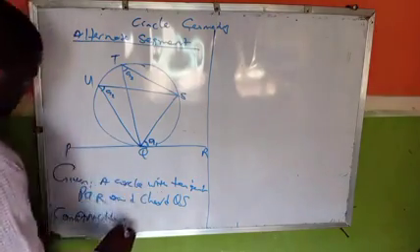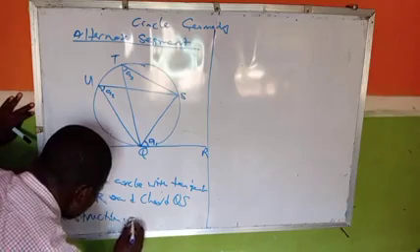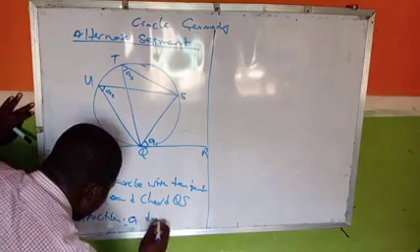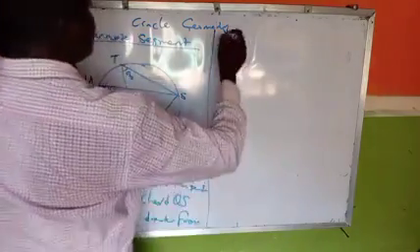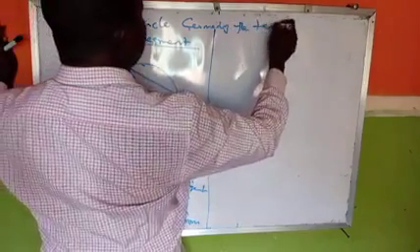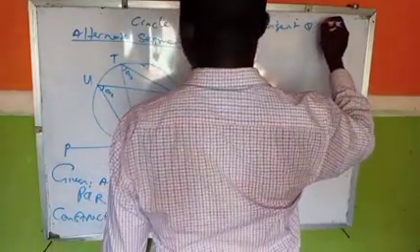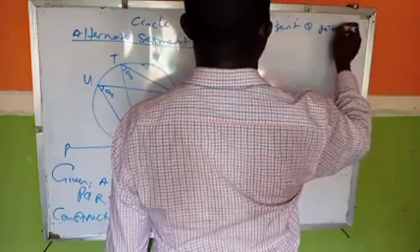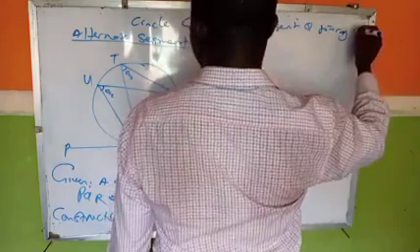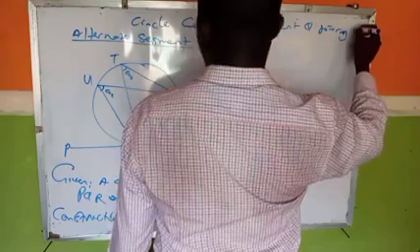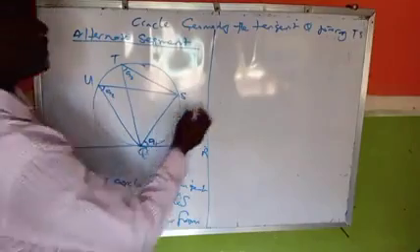Let's construct a diameter from the point of tangency Q, joining X. Now, what you want here is this.